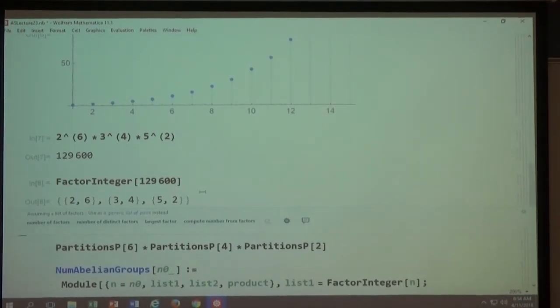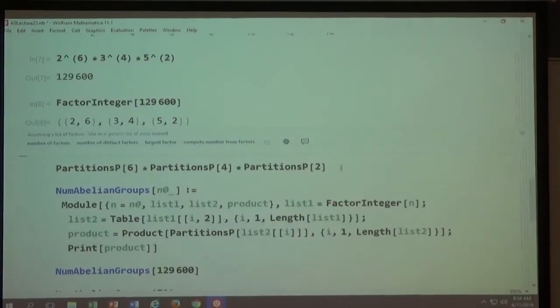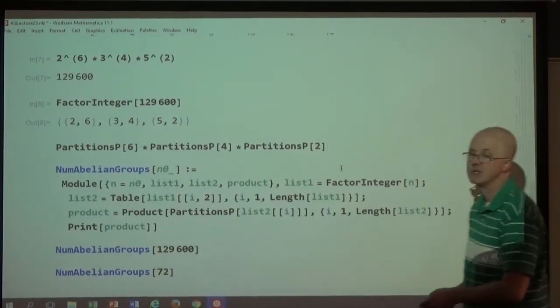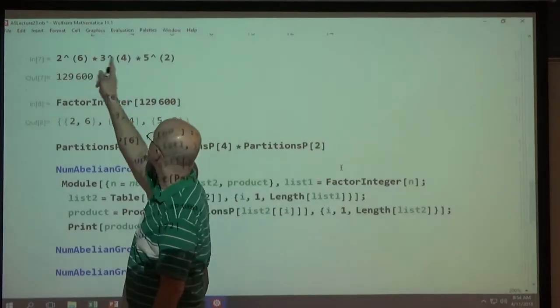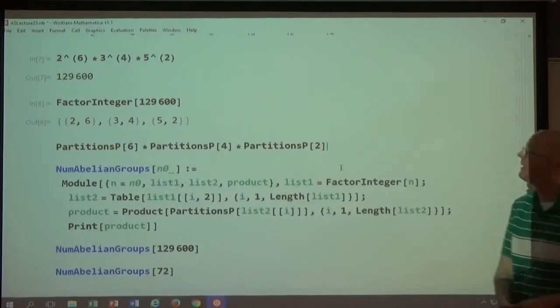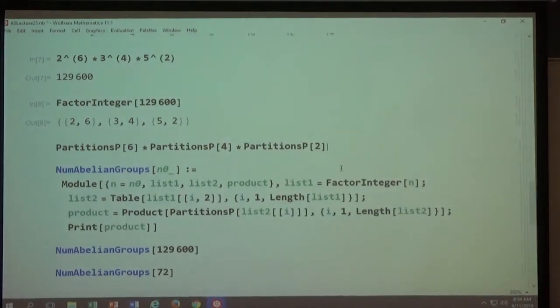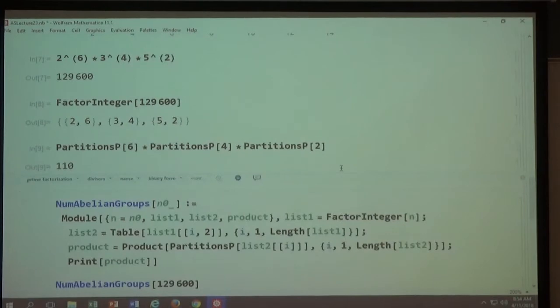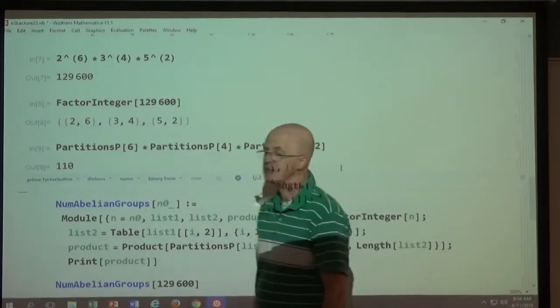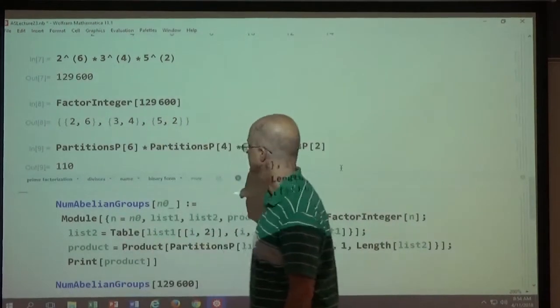And if I use PartitionsP in the way that I described in the slide, multiplying the number of partitions for each of these powers, 6, 4, and 2, I can get the number of abelian groups of order 129,600. And that would be 110 abelian groups. That would be the number of isomorphism classes of abelian groups of order 129,600.